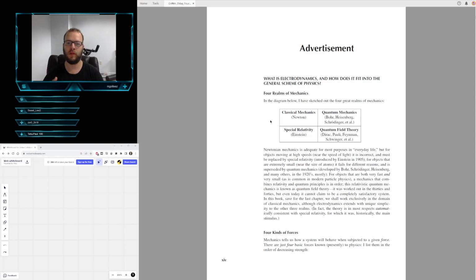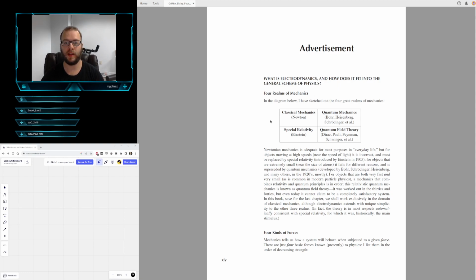So you have relatively big, slow moving objects, which is mostly governed by classical mechanics. You have relatively small, slow moving objects, which is governed by quantum mechanics. You have relatively big, fast moving objects, which is governed by special relativity.